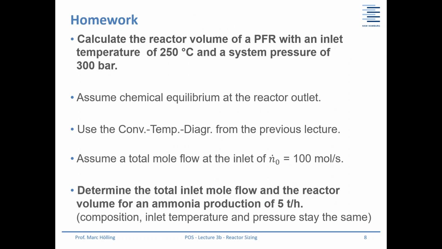Okay, that's how you can get a kind of estimation for the sizing of your reactor. So that you can practice this, it's nearly the same, but just a little bit of variation. You shall repeat the calculation of the reactor volume, but this time for a temperature of 250 degrees Celsius, and we still have a pressure of 300 bars. Assume chemical equilibrium at the reactor outlet.